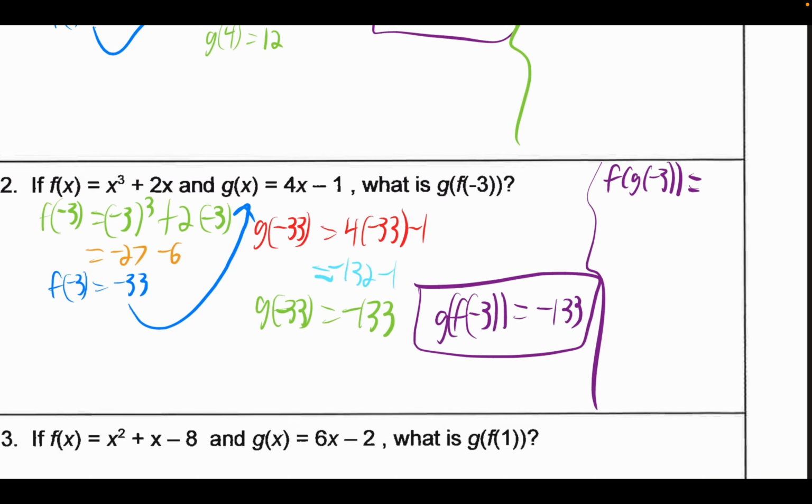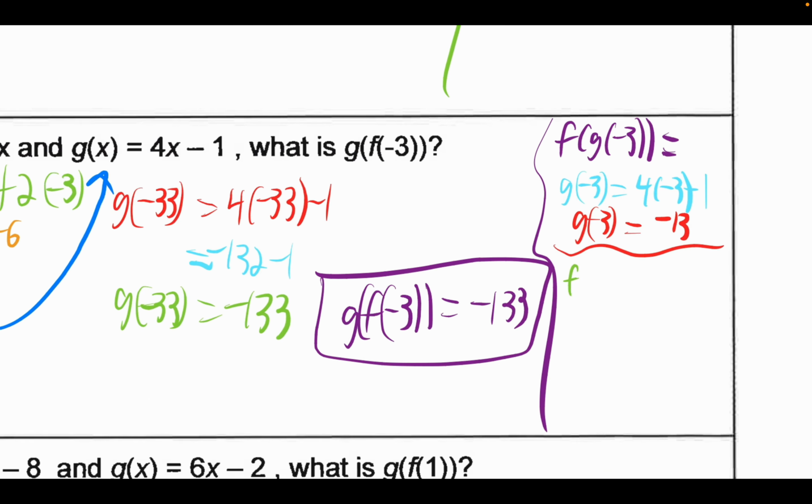So let's see what that equals. So we first work inside out, plugging -3 into g. So we do g of -3, which is 4 times -3 minus 1. And I'll skip some in-between steps here of the 4 times -3 being negative 12, and just jump to that being subtracted by 1 and giving us negative 13. And now I'll plug that into f of x, so that's f of negative 13 equals negative 13 being cubed plus 2 times negative 13.